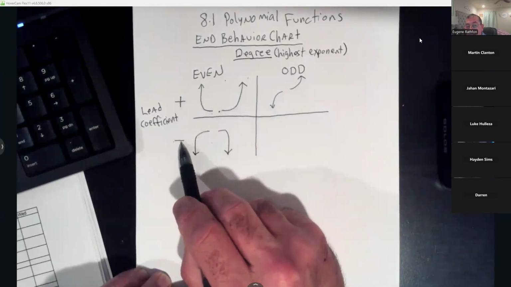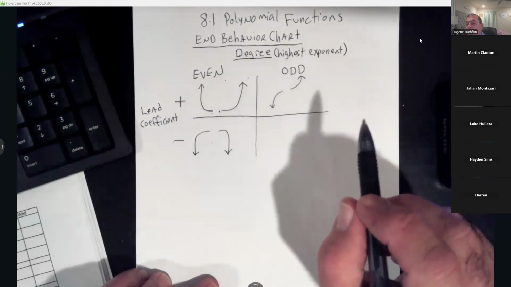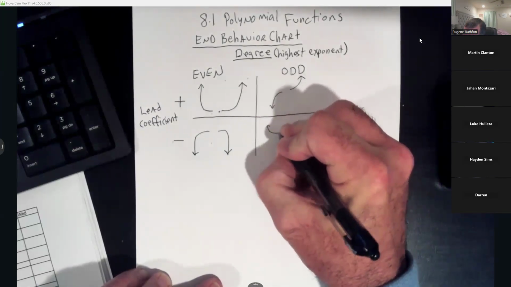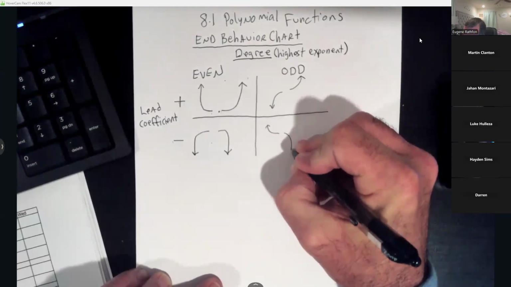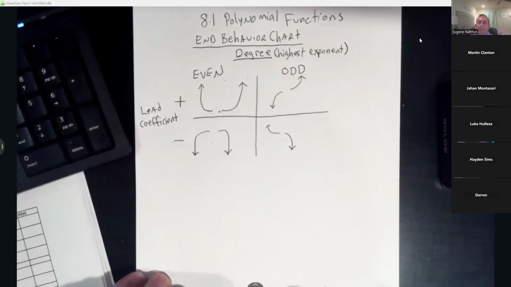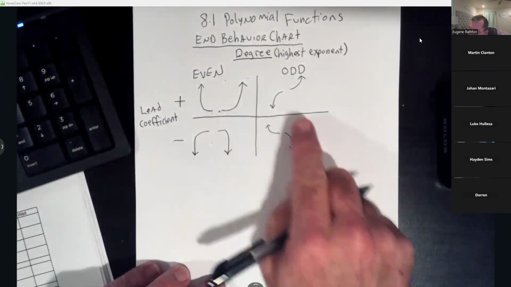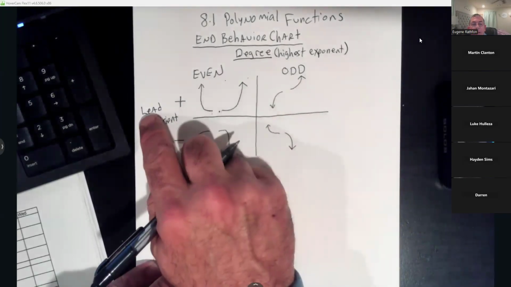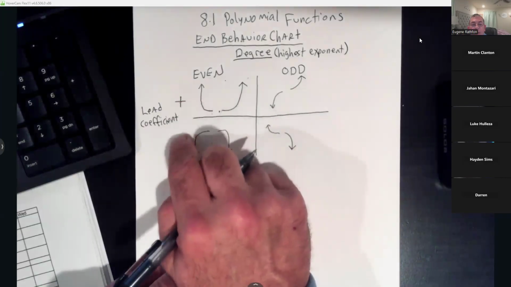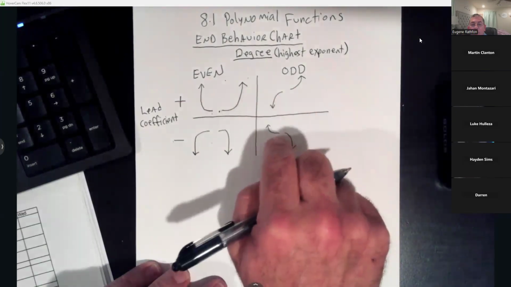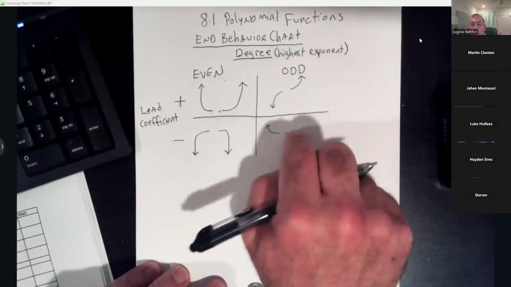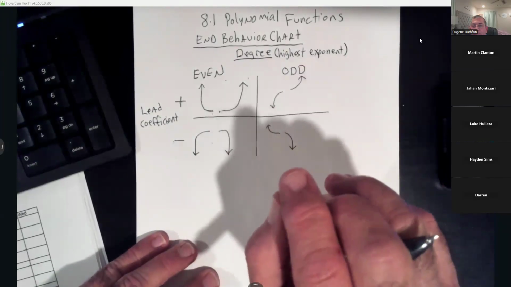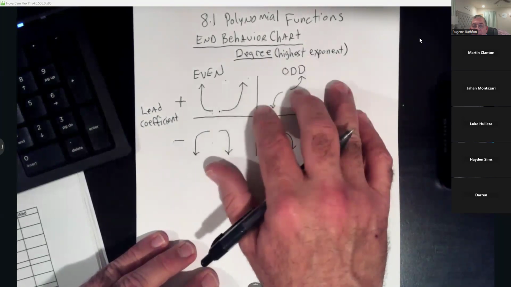But y'all, if I throw a negative in front of that odd degree, then these graphs will look like they're going downhill left to right. So first you look at the degree, even or odd. Then you look at the lead coefficient, positive or negative, and we're going to choose one of these four graphs. So y'all, this would be a good chart to keep handy.